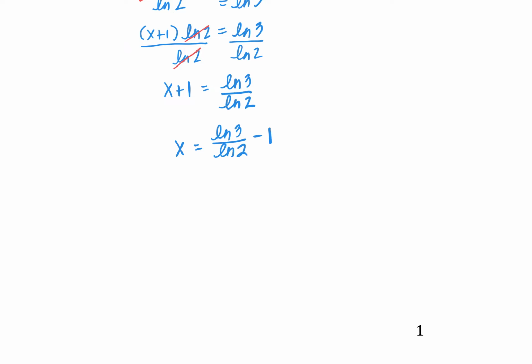Again, that looks weird, but we solved for x. And on the right-hand side, that's just a number. Notice there is no variable on the right-hand side. Natural log of 3 is a number. Natural log of 2 is a number. Again, this is an exact solution. You could put it in a calculator to find a decimal approximation if you wish.